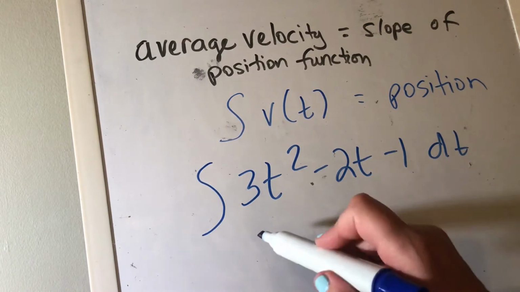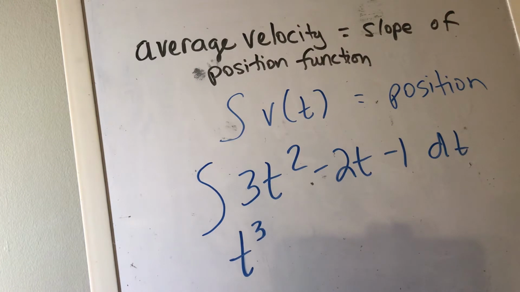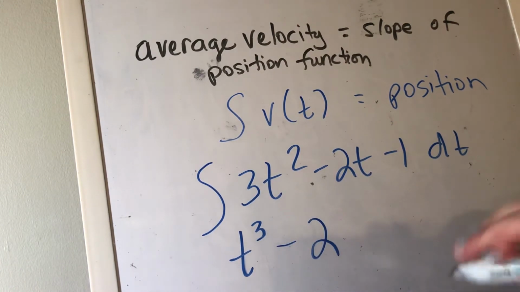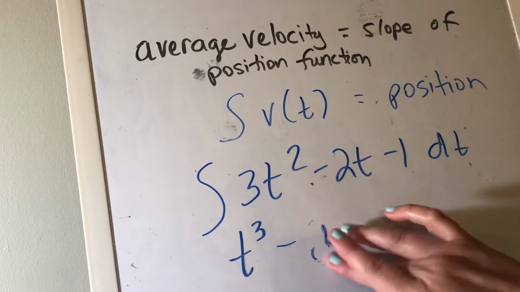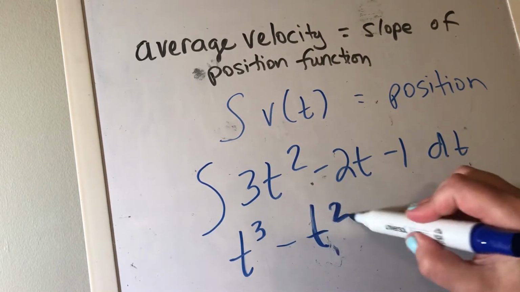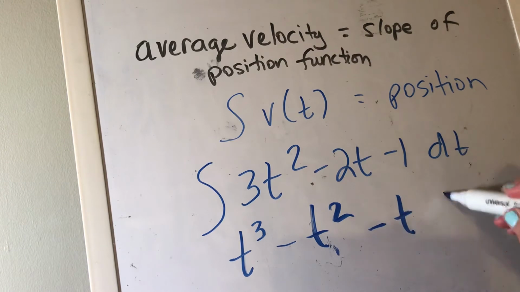That is add 1 to the power and divide. You can make that t squared. The antiderivative of minus 1 would be minus t. And then because I have no bounds, I'm going to throw in that plus c.